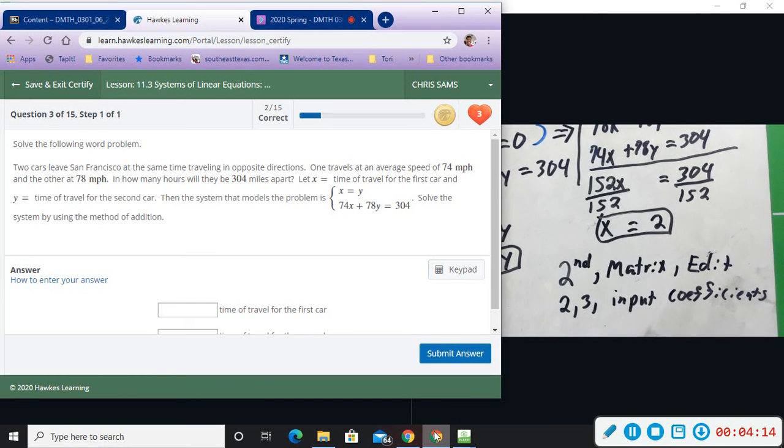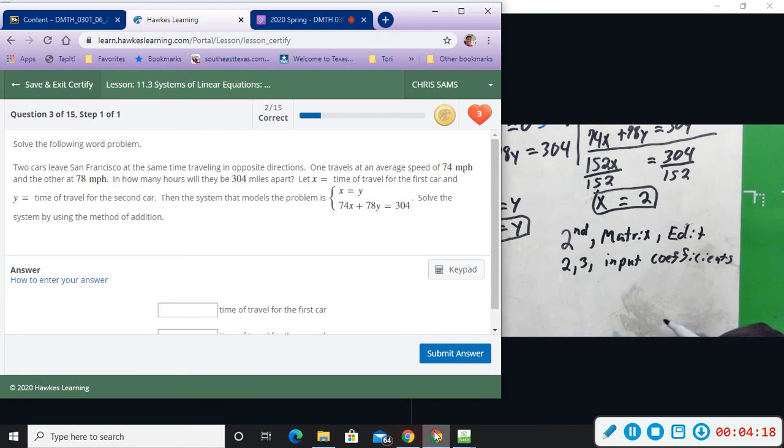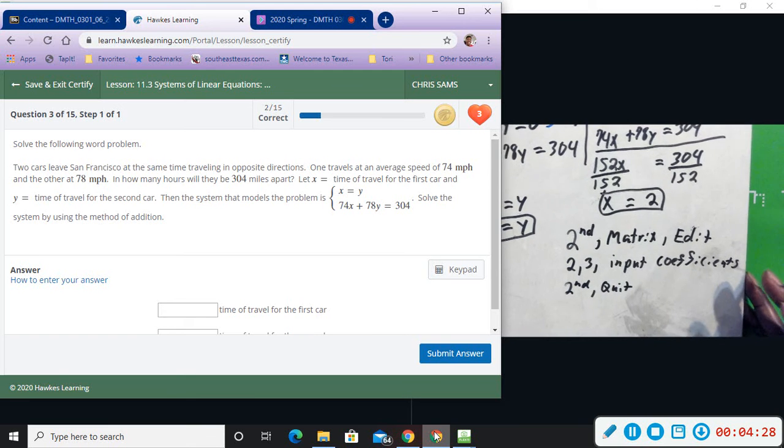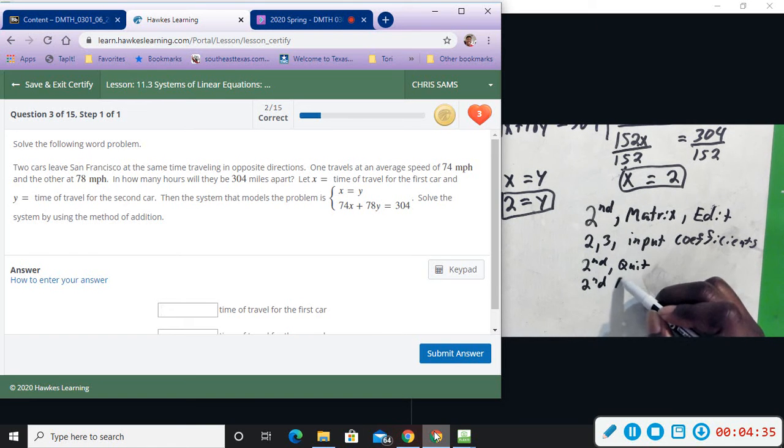All right, once we input coefficients, we're going to do second and then quit. And then we're going to do second matrix again.